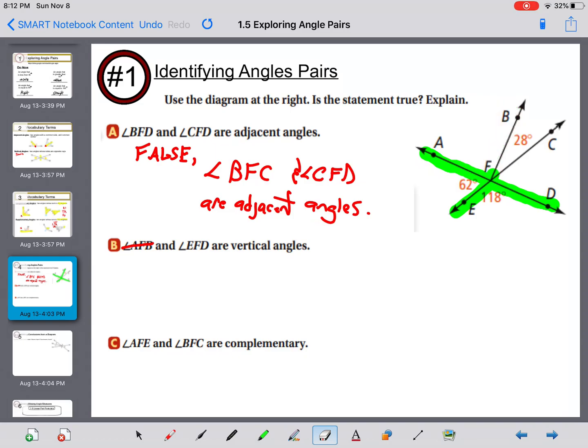It would be AFC. Okay, so let's make this true. AFC and EFD are vertical angles.